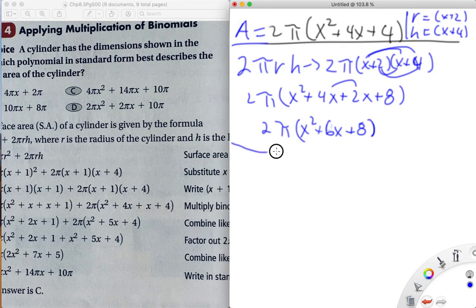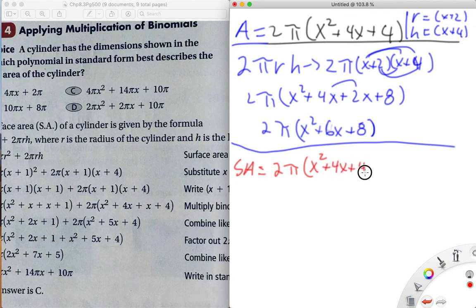So when I put these together, the whole surface area is going to be 2 pi times x squared plus 4x plus 4, plus 2 pi times x squared plus 6x plus 8. Notice something.